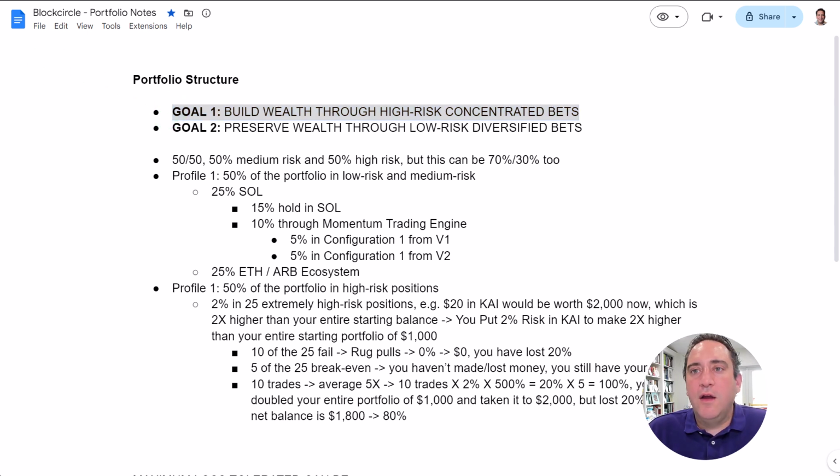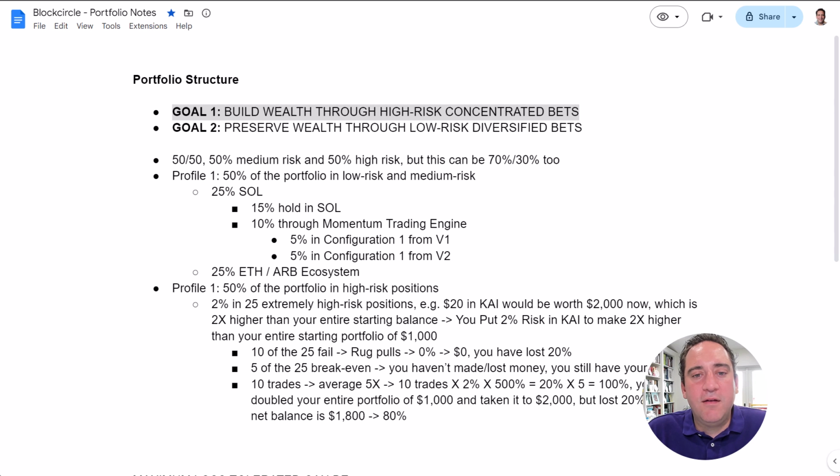Goal 1: if you are just starting out or not happy with your financial situation, it's very important to focus on building wealth through high-risk concentrated bets.